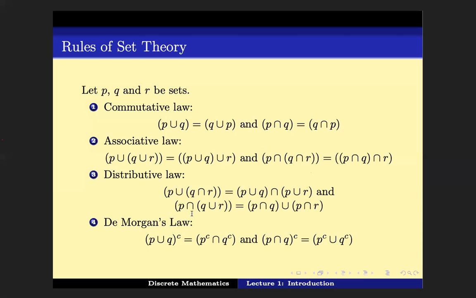And also we have De Morgan's law, which basically says that the complement of P union Q is equal to P complement intersection Q complement. Now look at this: union becomes intersection. And similarly this. This is also a theorem that you can prove, and you should be able to prove it both formally as well as through the pictures.